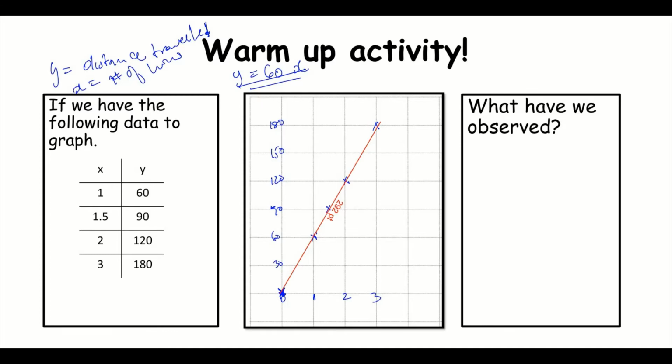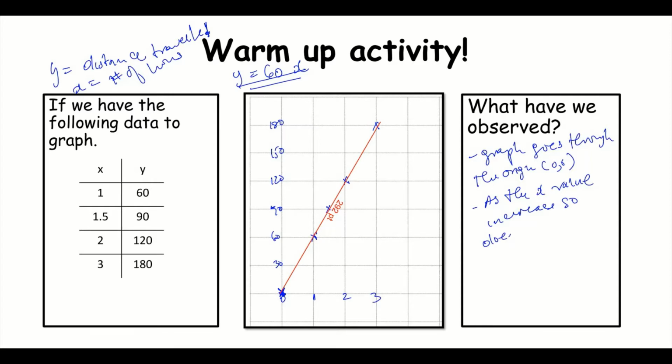Also, we observe that the graph goes straight through the origin, and that's my lovely handwriting, so it goes through 0, 0, and as the x value increases, so does the y value.